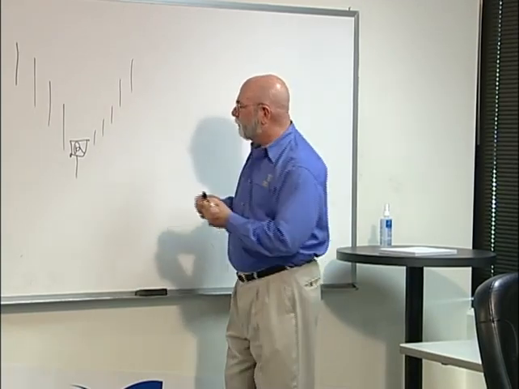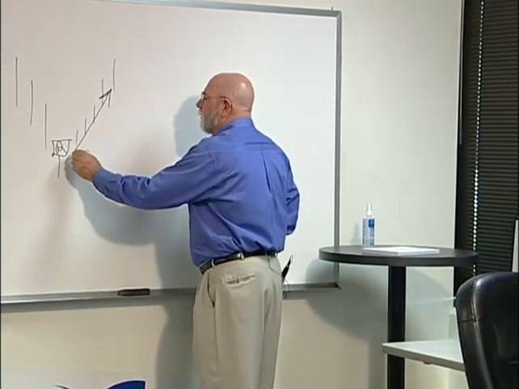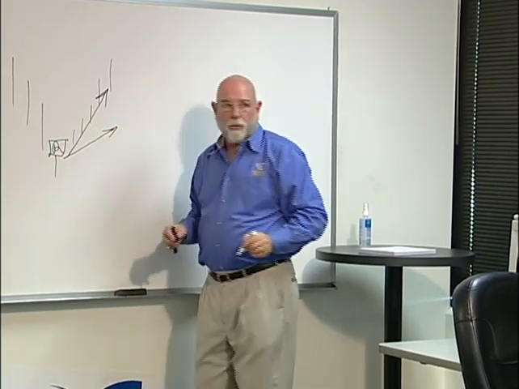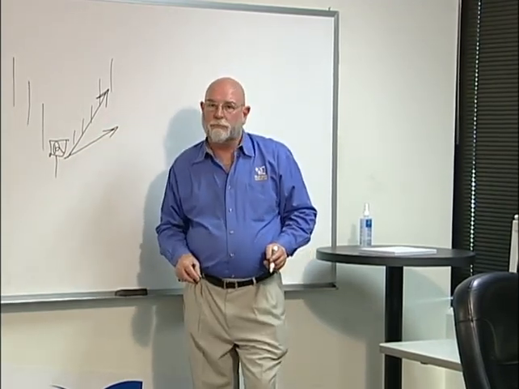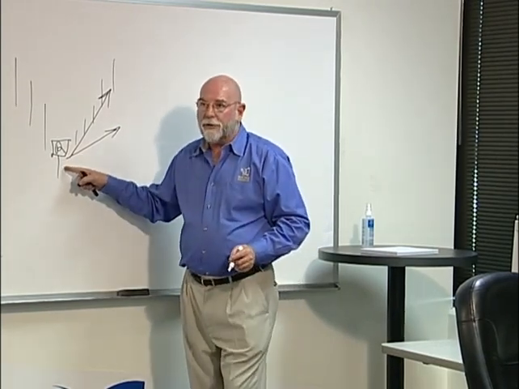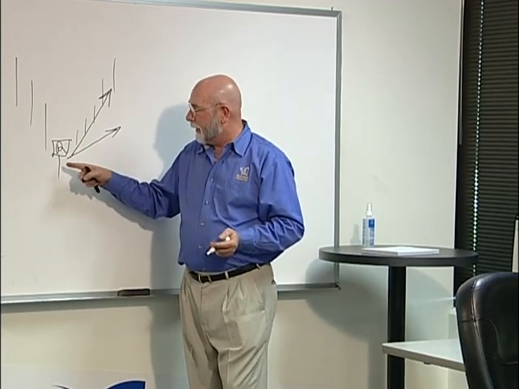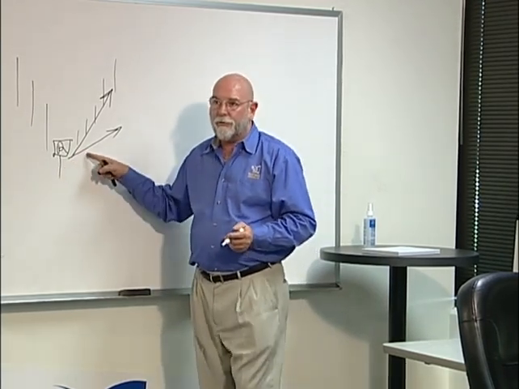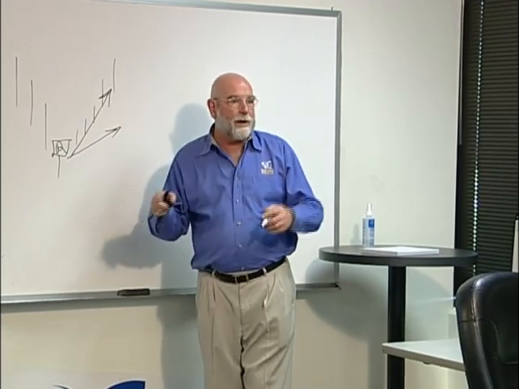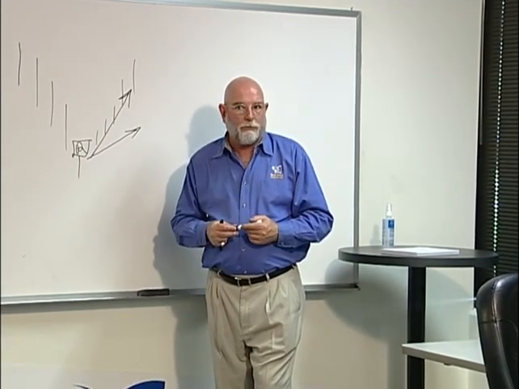So might we suspect that instead of going up at a very steep angle, that this thing might go out at a shallower angle? Okay? So if I get a green hammer down here, I'm likely to put 200 shares on this trade. If I get a red hammer, I'm going to put 100 shares and then add 100 shares later after I get some more confirmation. That makes sense?